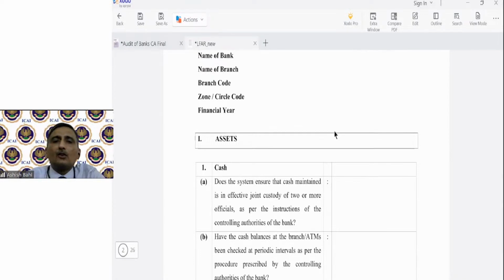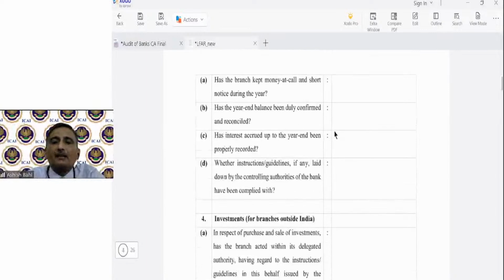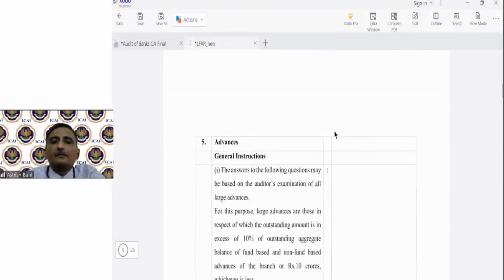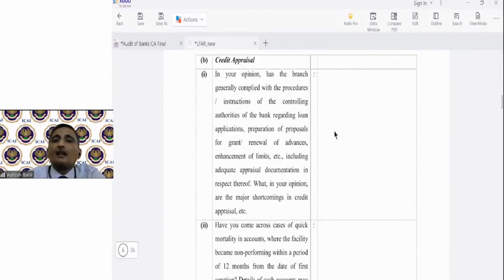Since we have first done advances, I would take you to the advances part, which you have already done. So these are the advances. What does the LFAR ask the auditor to comment upon in respect of credit appraisal?